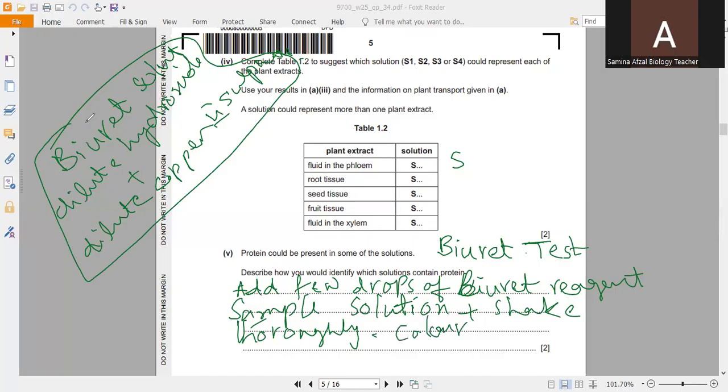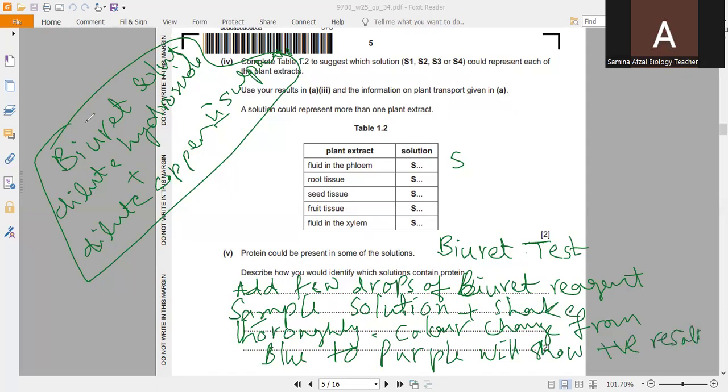Color change from blue to purple will show the positive result.